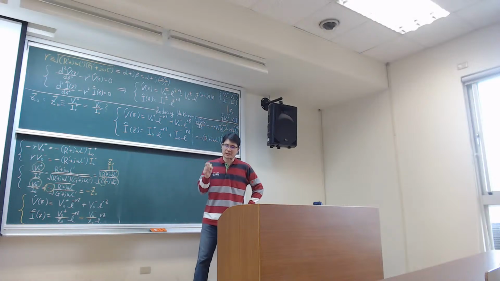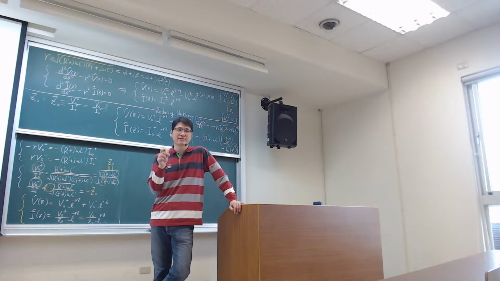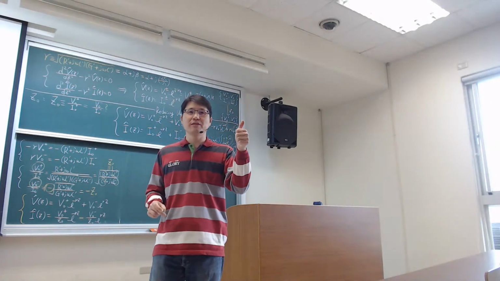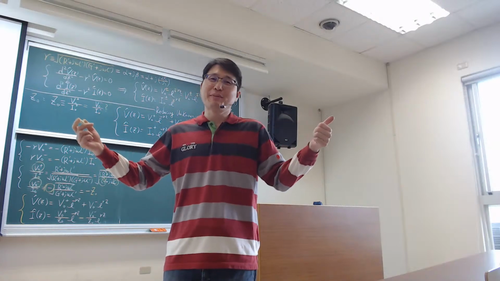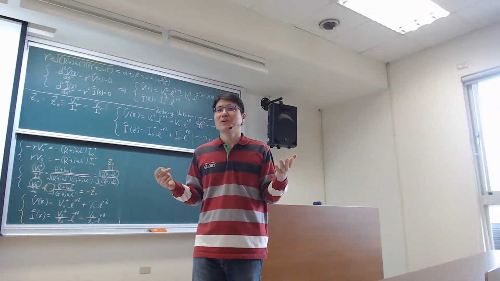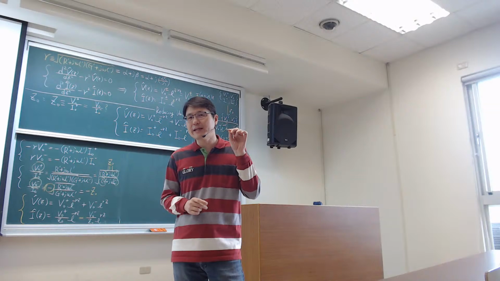So let's talk about what's the reason behind this negative sign. One potential reason, a very evident reason, is Professor Huang did it wrong. I made a mistake. But what if I'm not wrong? What does the negative sign mean?